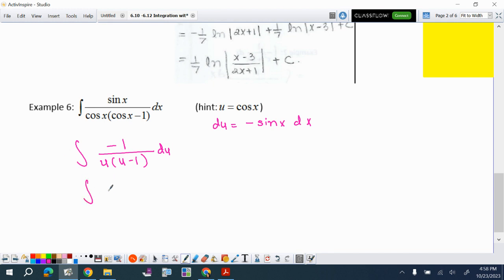Okay, so let's break it apart. You can factor out the negative sign, and you can say u minus 1. What will be the value of a and b in this case?